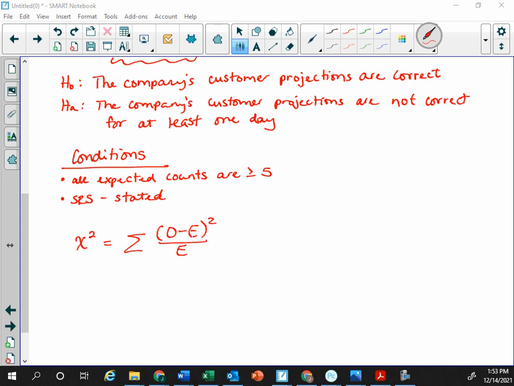Does the E stand for a symbol? Oh, it's expected. Yes, the O and the E. And if you don't like that, you could certainly write observed minus expected squared. That's fine.